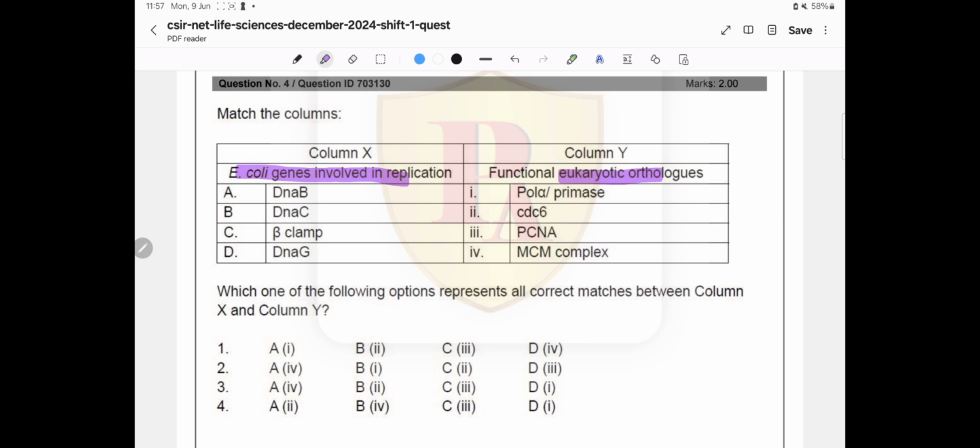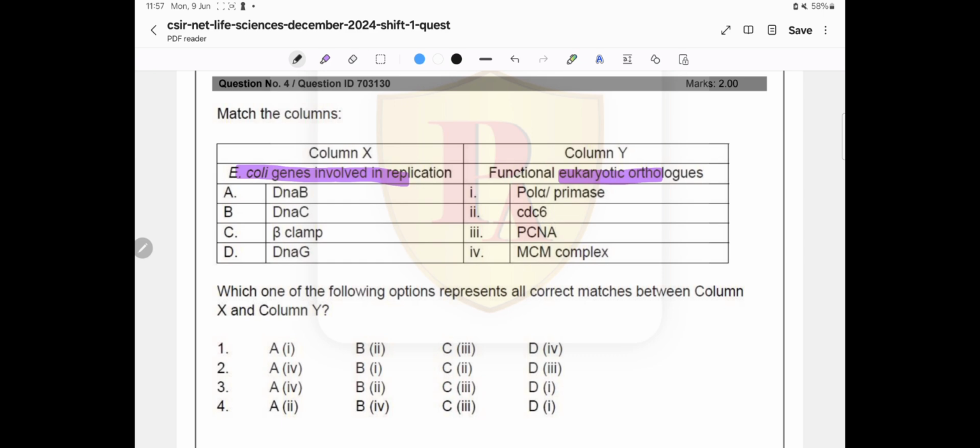There is DNA B, DNA C, beta clamp, DNA G. We have to match this X column with the Y column. And we have to identify the correct function of DNA B, like DNA B acts similarly with polymerase alpha or CDC6 or PCNA or MCM complex.